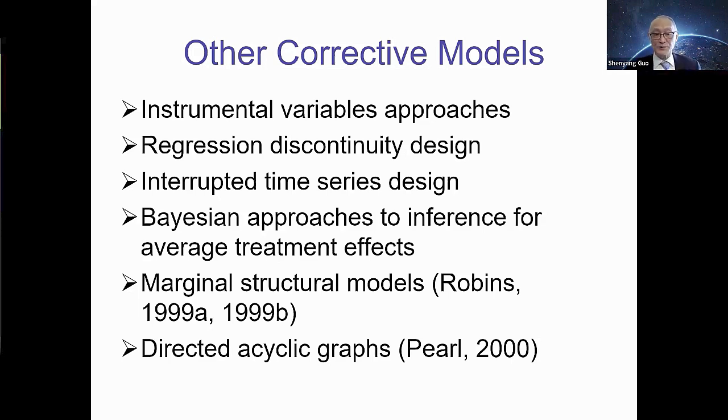The method he developed was the so-called directed acyclic graph, DAG, directed acyclic graphs. Okay, and in the causality book, he basically described this method in detail. So all these methods we call corrective models can be used to solve the problem of endogeneity, to solve the problem of selection biases.